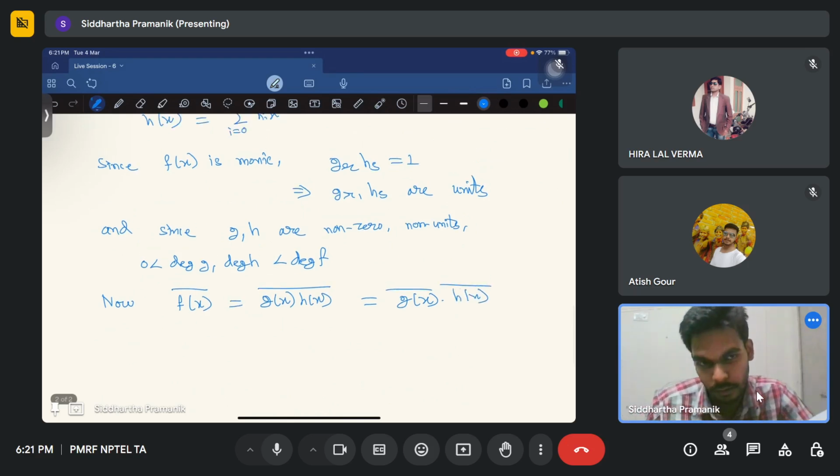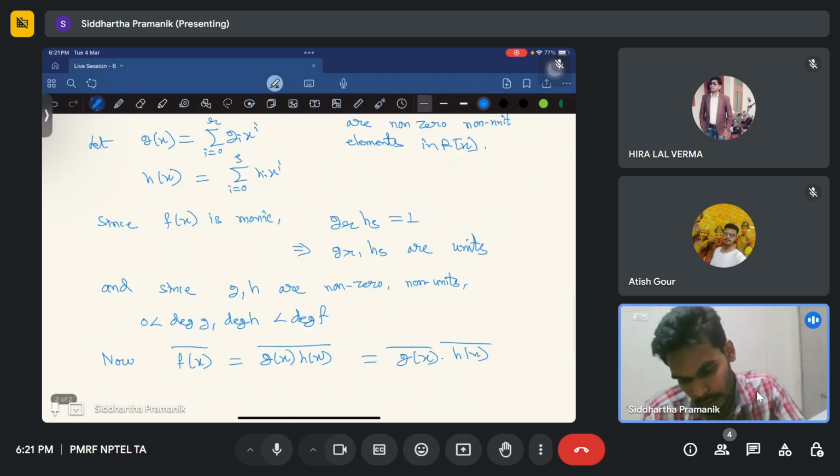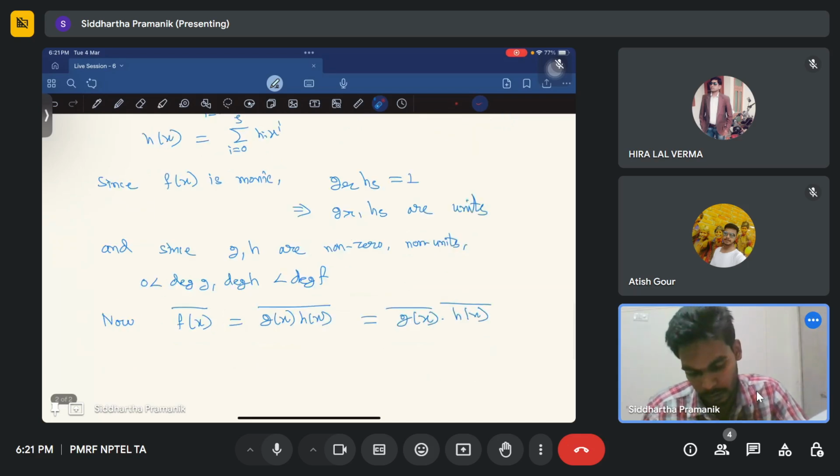But g(x) is a non-zero non-constant non-unit polynomial whose leading coefficient is a unit. So what can you say about g(x) bar and h(x) bar?